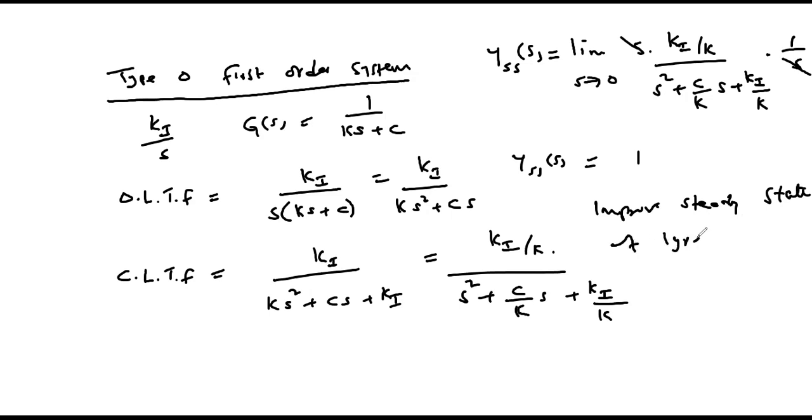In other words, the integral control action is now able to improve the steady state performance of type 0 systems, which was a shortcoming with the proportional control action. We were not able to achieve a steady state output of 1 with the proportional control action, but with the integral control action, we are able to improve on the steady state performance of the given type 0 systems.